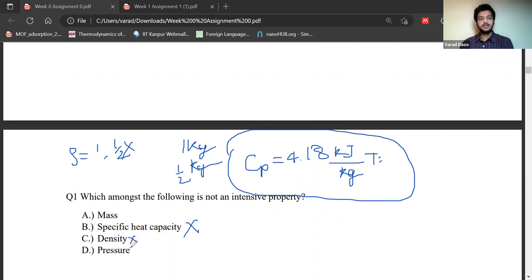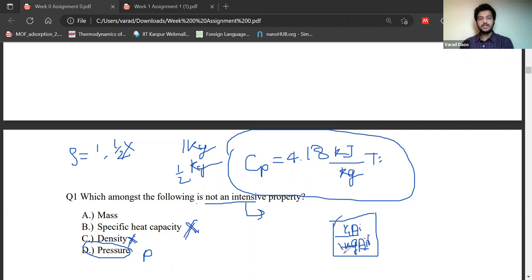So we want an extensive property, that means one which depends on mass. This does not depend on mass, and this also does not depend on mass. Similar is the case with pressure. Let's say we have a container with half kg of air or 1 kg of air.